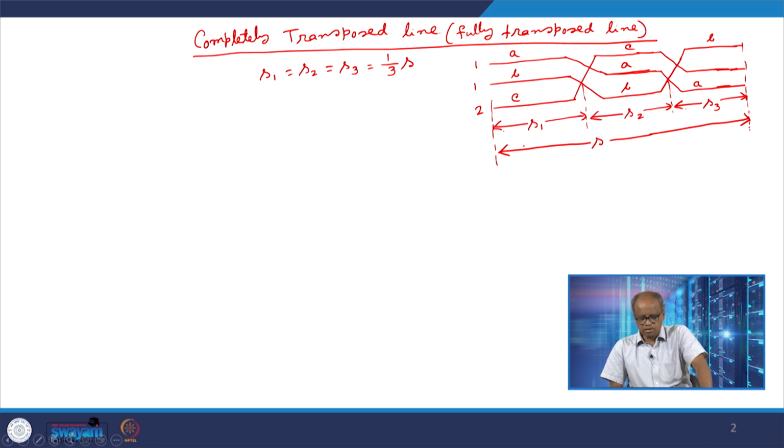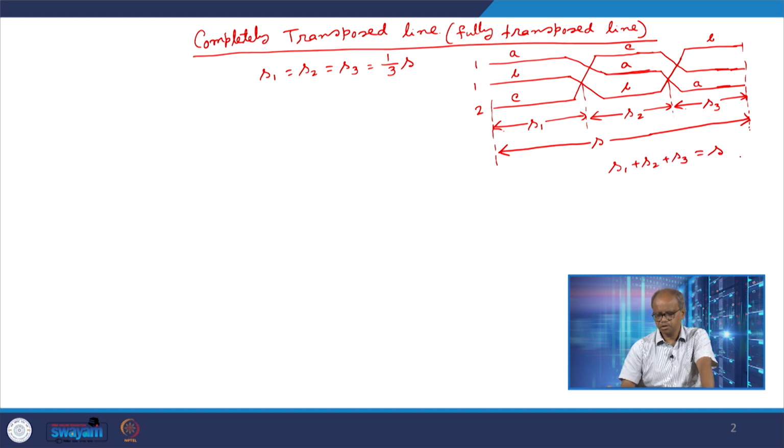So in the case now, so far what we have considered is that S1, S2 and S3 can have any value, they actually need not be equal to each other, but then of course they will have to obey the relation that S1 plus S2 plus S3 is equal to S. That relation must always be satisfied, but they really need not be equal to each other.